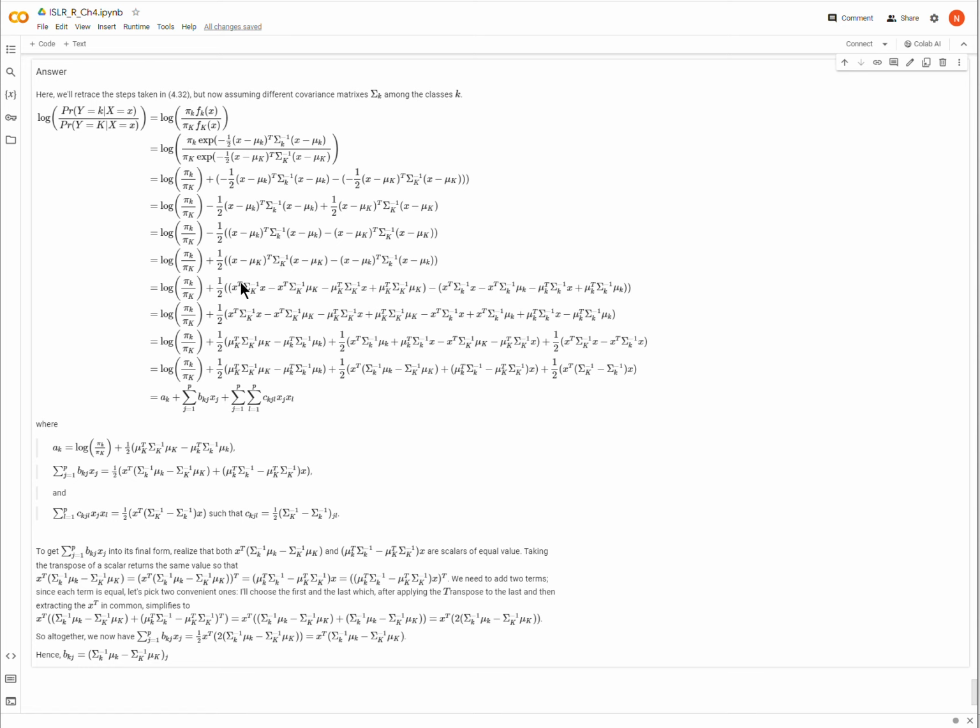And so when you expand that out, even if you're not familiar with linear algebra, you can kind of see how this is going. It's just like distributing. So I have my x, and I multiply it by my covariance matrix times the x, okay?